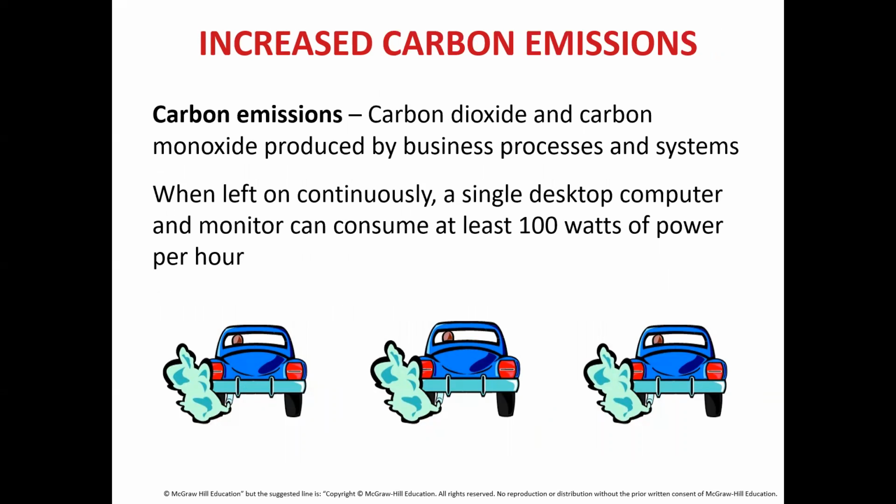Carbon emissions. Carbon dioxide and carbon monoxide are produced by business processes and systems. When left on continuously, a single desktop computer and monitor can consume at least 100 watts of power per hour.